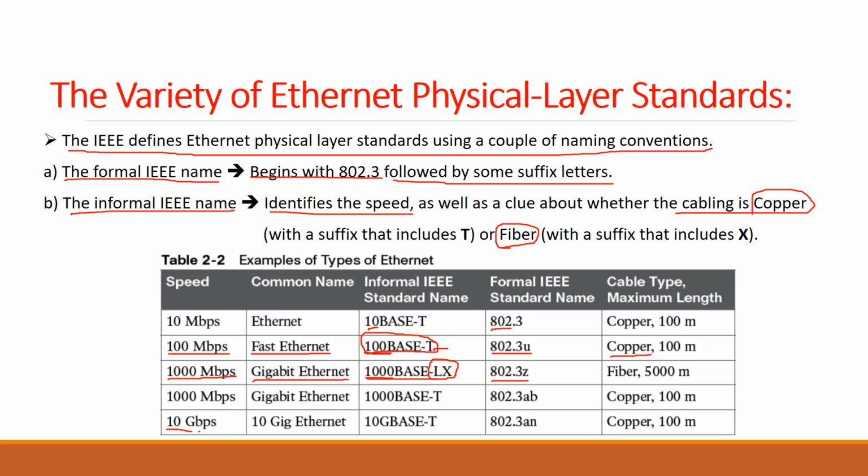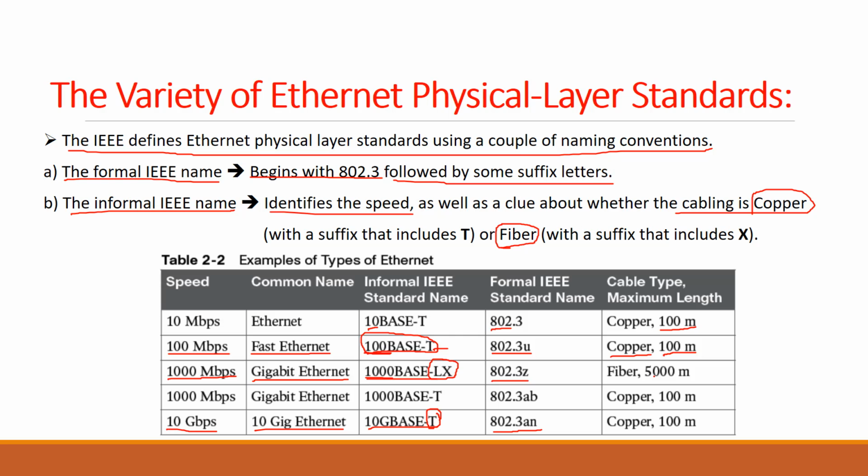Let's take 10 gigabit per second or 10 Gig Ethernet. It uses the informal name 10GBase-T, and once you say T, it means copper wire. If you see LX, it is fiber optic cabling. The formal IEEE standard name is 802.3an, and here it tells you the maximum cable length is 100 meters, and for 100 megabit per second or 100 base T, it is 100 meters using copper wires.